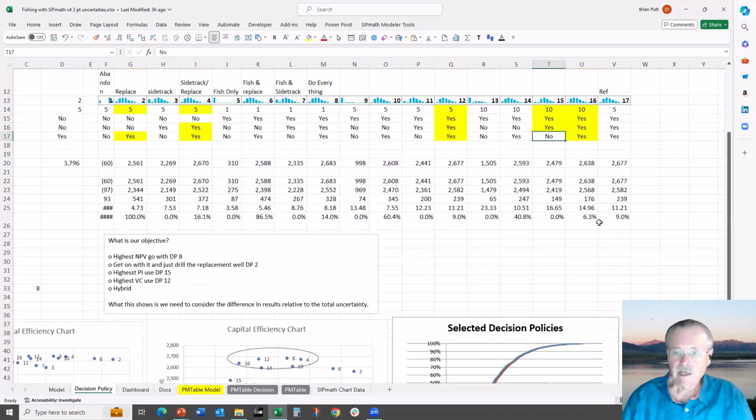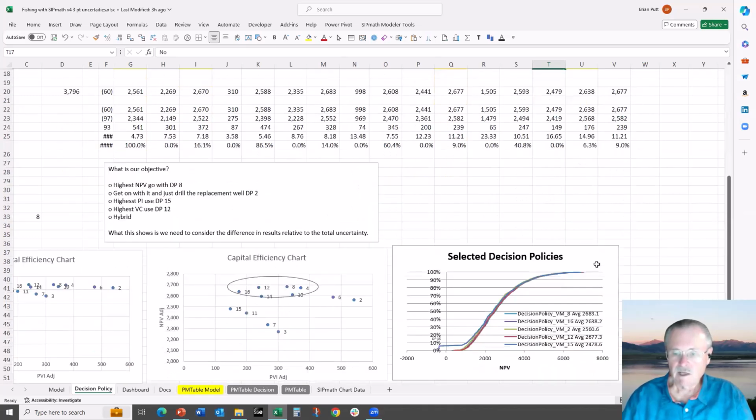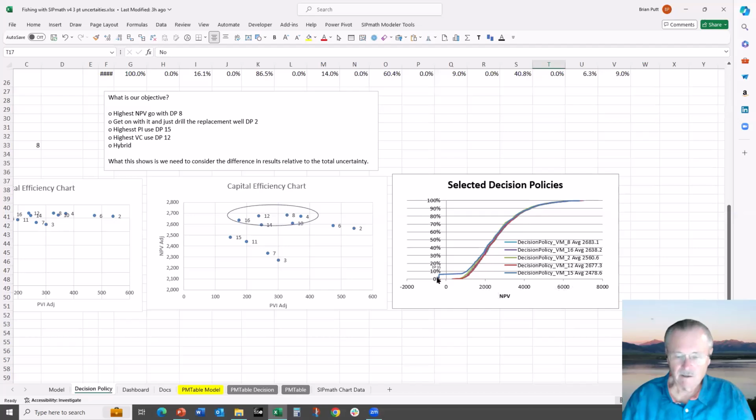And 15 is this one that does not replace the well. As a consequence, it has this big downside here that we may wish to get rid of, unless it's got some other qualities that make it really attractive.